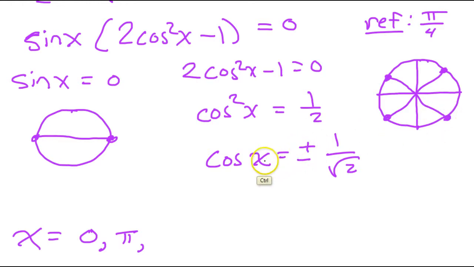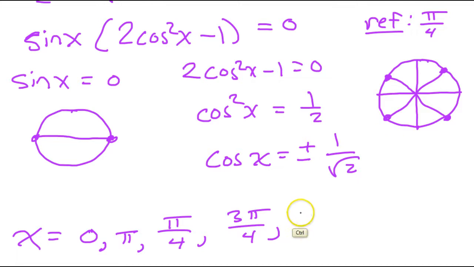Since we want the positive version and the negative versions, we're going to take all 4 quadrants. So the first one is simply pi over 4 itself. And then the second one is 3 pi over 4. And then the next one is 5 pi over 4.